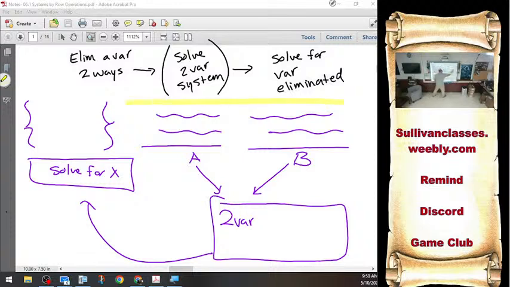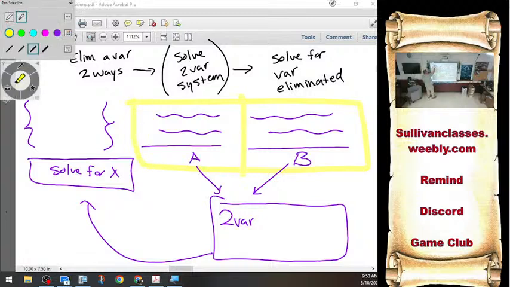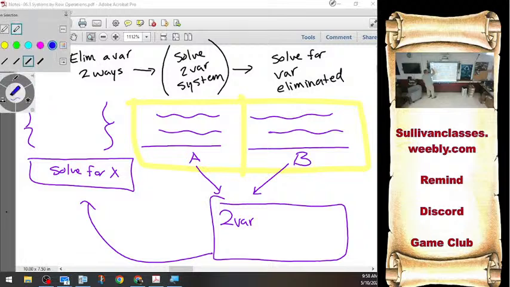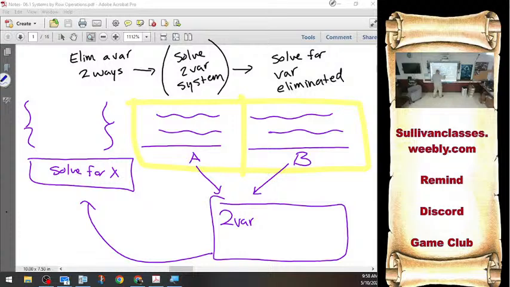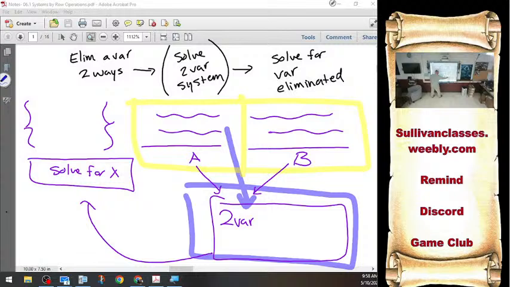because you have your eliminate a variable two different ways. It gets you a pair of systems, or a pair of equations that are down to two variables. So I solve my two variable system, and then I finish it off by coming back here and solving for whatever it was.